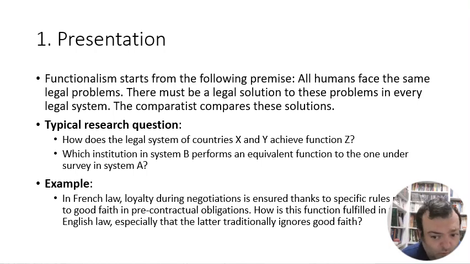With English law, where good faith is usually viewed with suspicion and classical contract law ignores the concept of good faith, if such a question arises, what would be the answer? Then the comparatist will have to look inside the English legal system and find out how such a problem finds a solution.